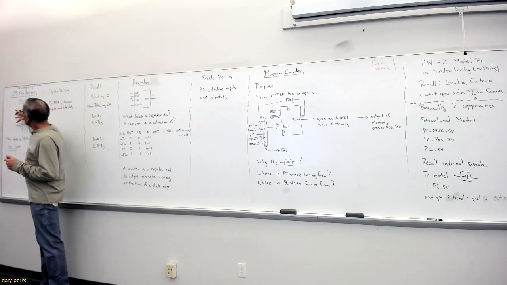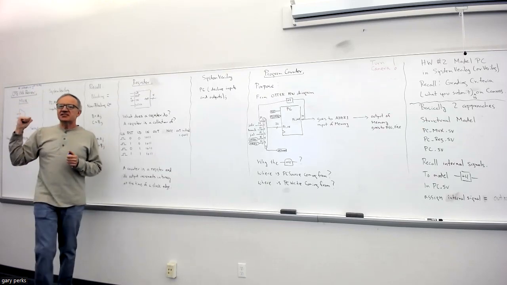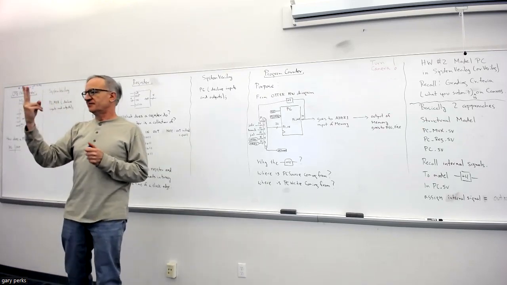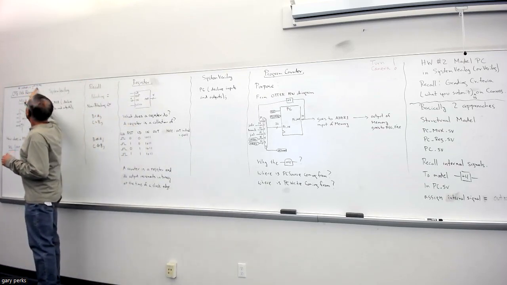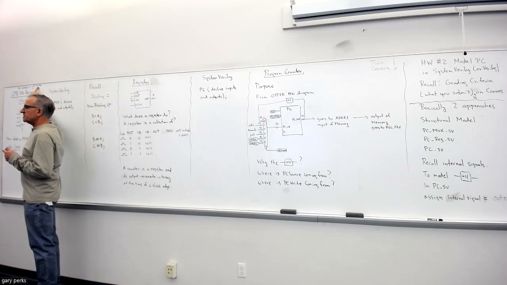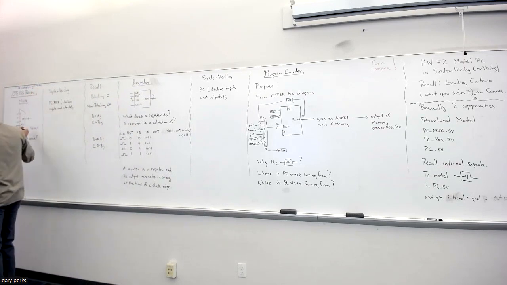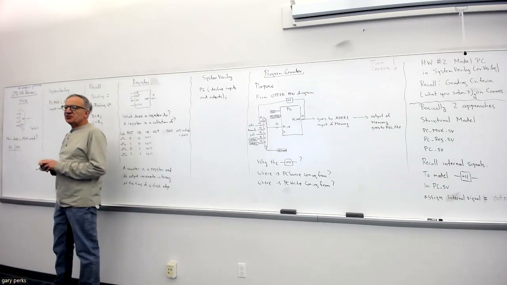Since we have 4 inputs here, how many bits does the select input have to be? Right, 2. Remember, we talked about in the digital world, if you want to know how many values you can represent with a certain number of bits, it's 2 to the number of bits. So we would show that the select line is 2 bits by putting a 2 next to a slash.